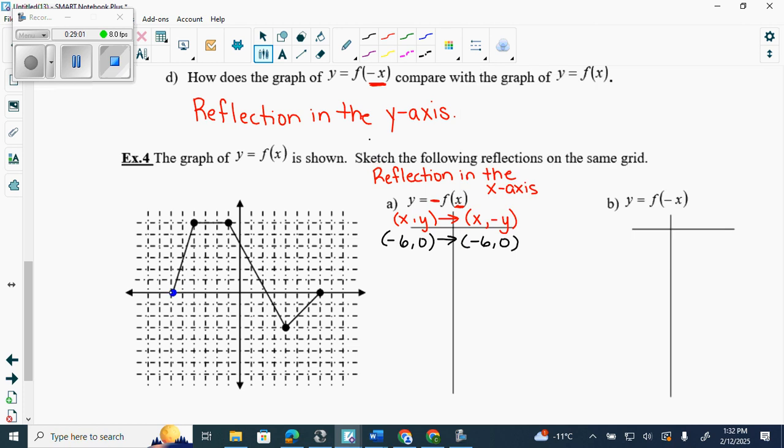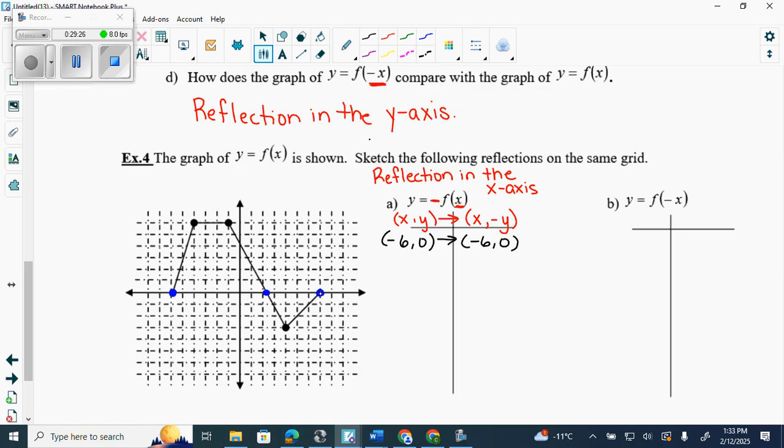So it stayed the same. But that's because this is going to stay the same. This is going to stay the same. And so is that. True? We're reflecting in the x-axis. So anything on the x-axis is remaining invariant, because their y is 0. When I multiply by negative 1, it doesn't change.